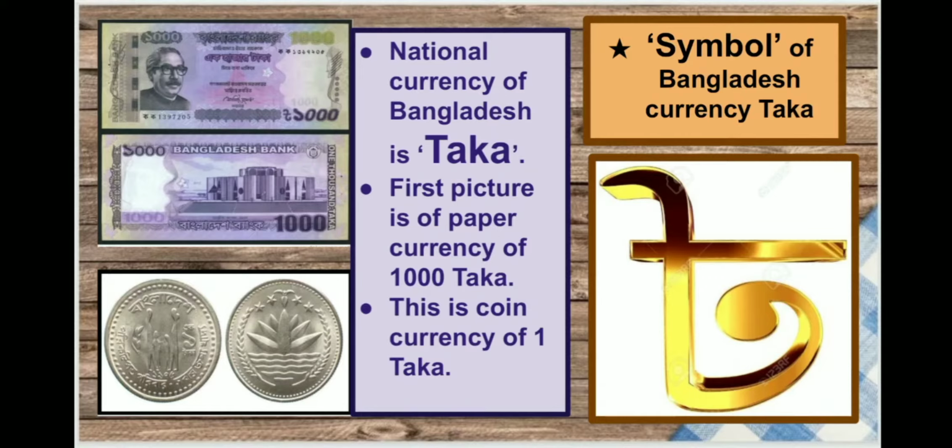Value of this paper currency 1000 Taka. Then coin currency is also there below the paper currency, and value of this coin currency is 1 Taka. Then right side you are able to see small t. It is not a small t, it is the symbol of Bangladesh currency Taka.